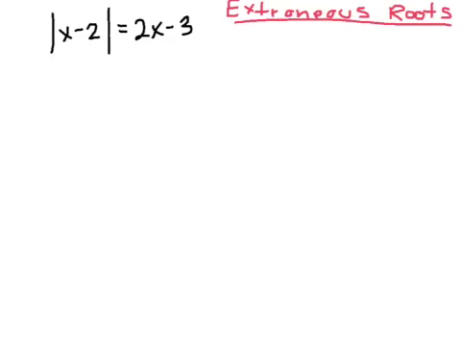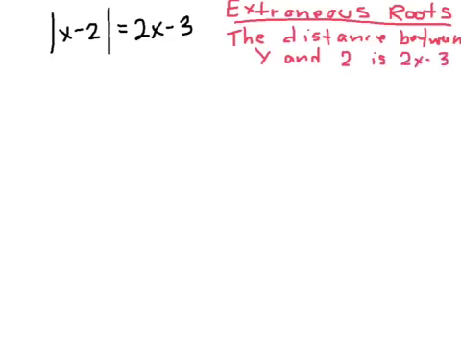So here, what I've got is the absolute value of x minus 2 equals 2x minus 3, and I'm still thinking about this as distance. This says the distance between x and 2 is 2x minus 3. A little odd sounding, but we can still work it. So that means that x is equal to 2 plus 2x minus 3, and x is equal to 2 minus 2x minus 3.